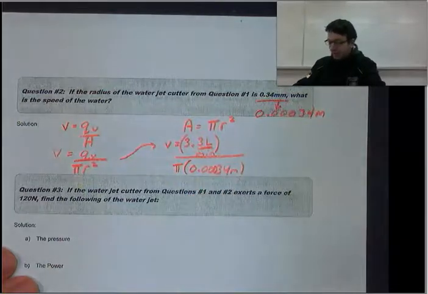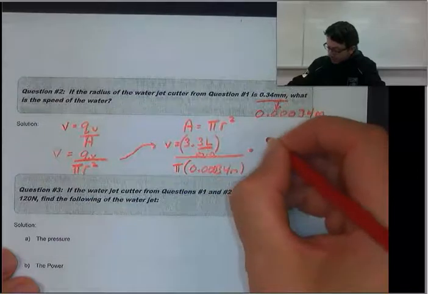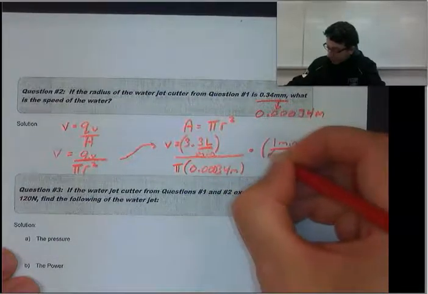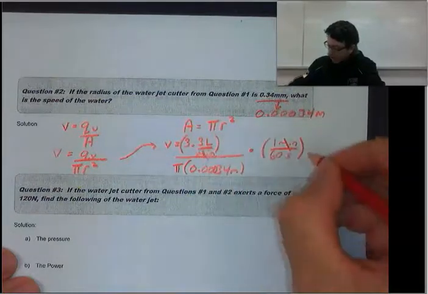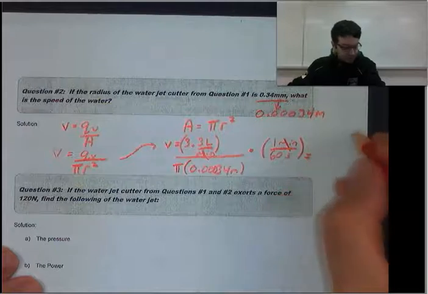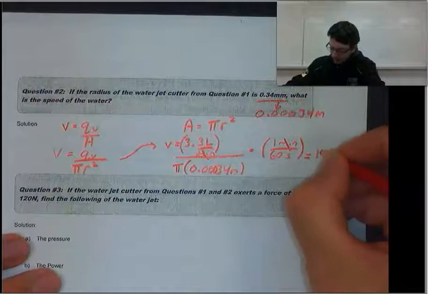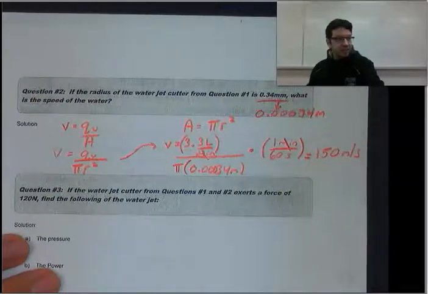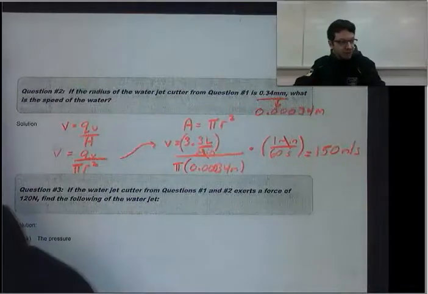But this will give us an answer of meters per minute, because we have a minute there. So we're going to multiply by 1 minute for every 60 seconds. So our minutes will cancel. This will give us a speed of 150 meters per second. Okay, so that's our fluid speed.